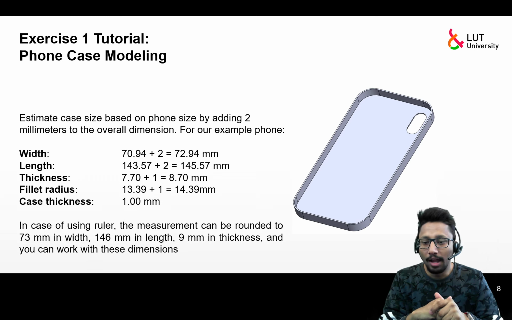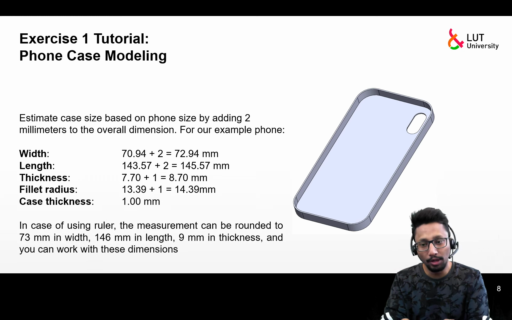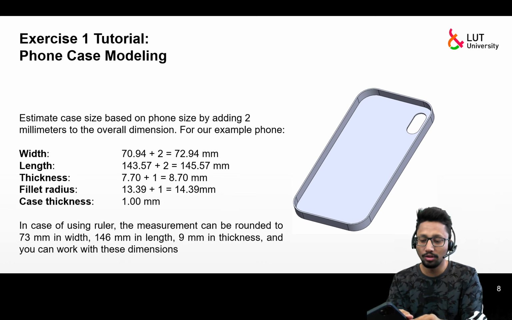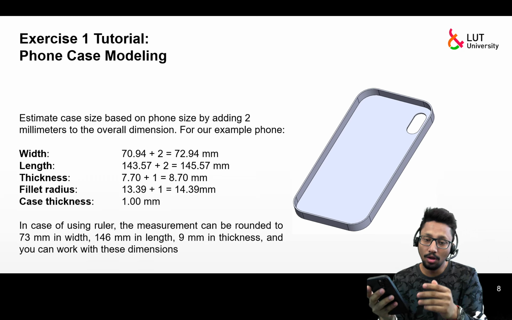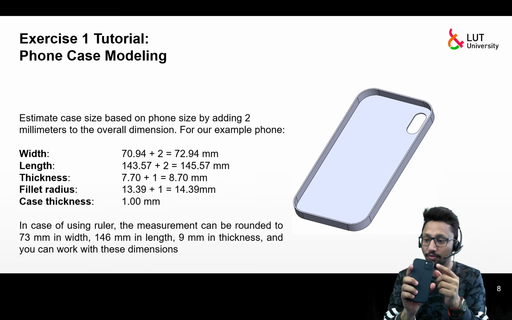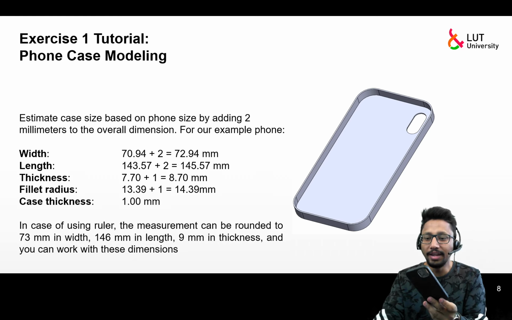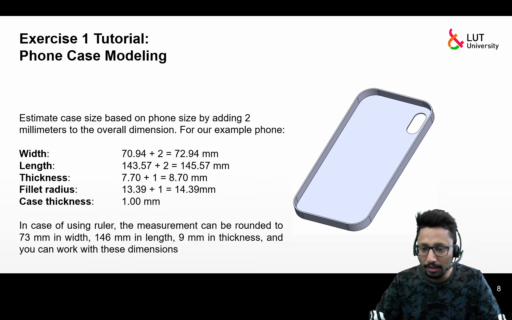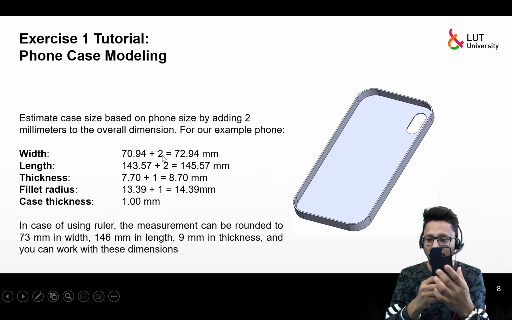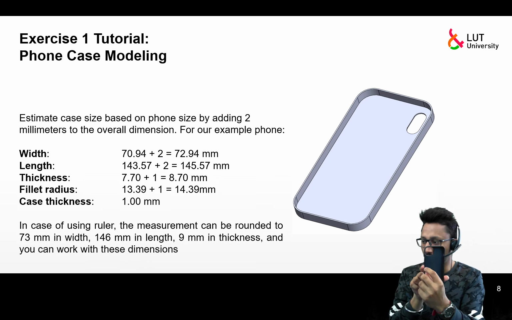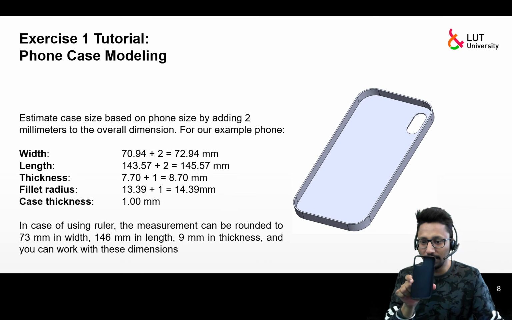Okay, now once you have the measurement of your phone, since we want to measure the phone case cover, so the phone case, we want to know what dimensions will be the case of this particular phone, for example. We need to add 2 millimeter in the width of the dimension. So 1 millimeter for this end, 1 millimeter for this end.